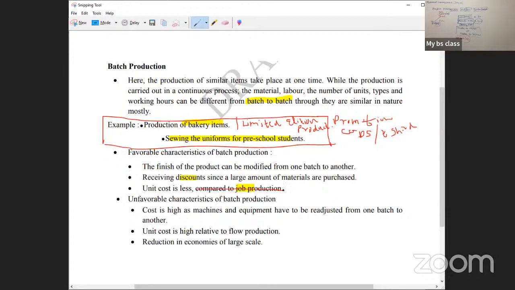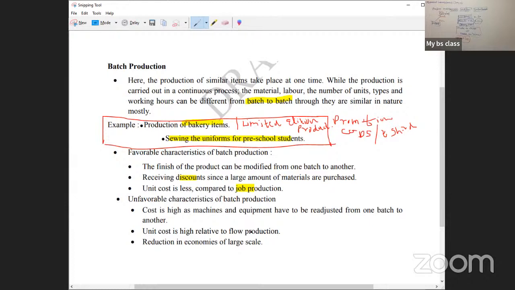So you need to specifically tell unit cost is less compared to job production. Just saying unit cost is less is not a correct answer. Because at the same time they are saying one of the unfavorable characteristics is that unit cost is high relative to flow production.